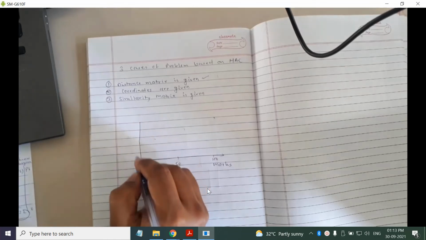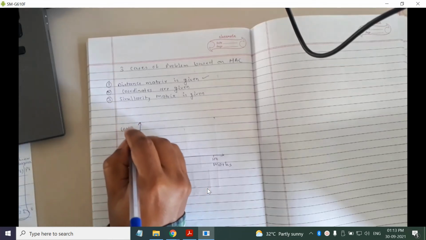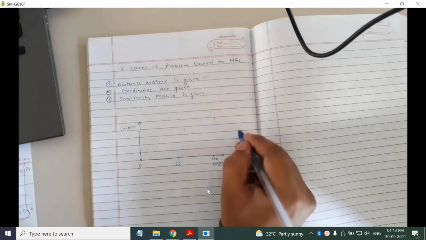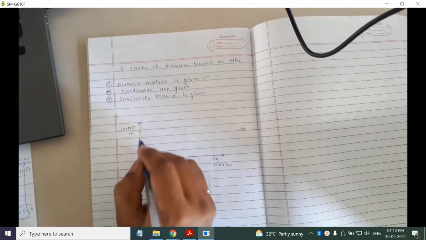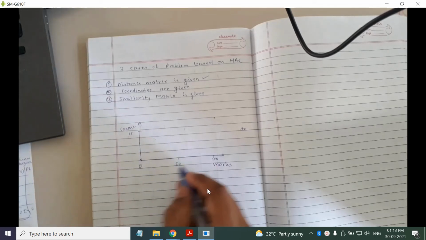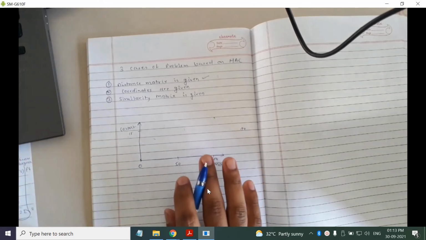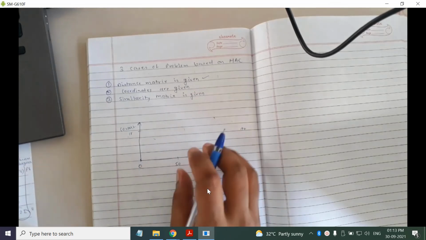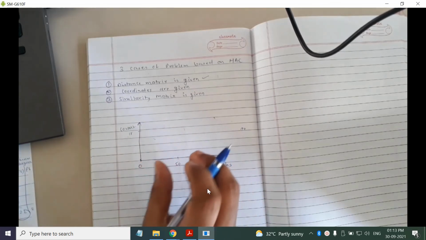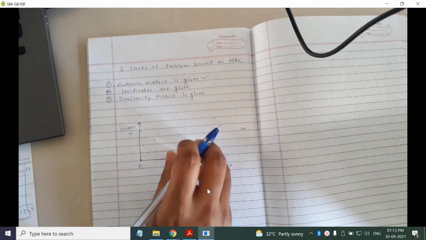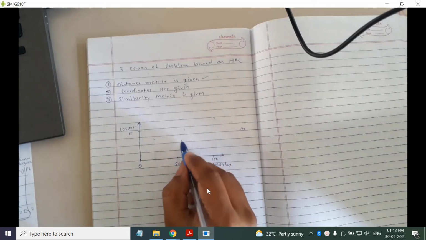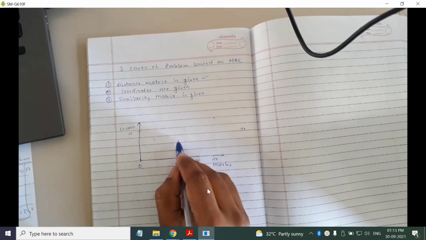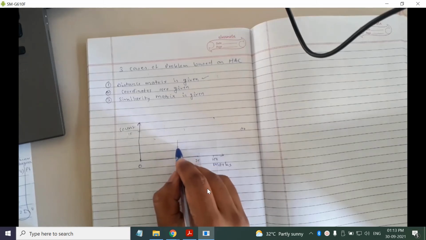Along the y-axis I plot count, and if 70 is the strength, I can have around 50 or 20 count. Generally we have a pattern where most students fall in the average. For 60 and 70, so this is 75 marks, I will have a higher value here.